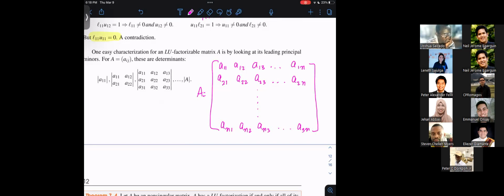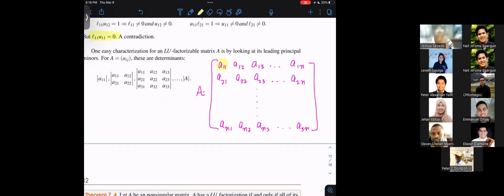determinants of the submatrices starting from the upper left-hand corner. So the first minor is A11, a 1-by-1 matrix starting from the upper left corner, right? So A11 is the first minor, or the absolute value of that will be your first minor. And then the second minor is the 2 by 2 matrix starting from the upper left-hand corner, right?